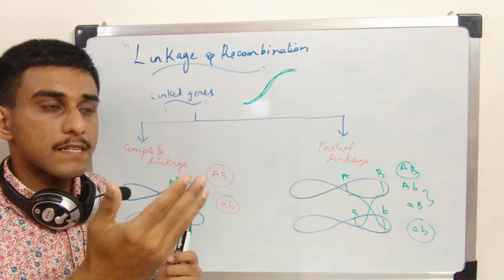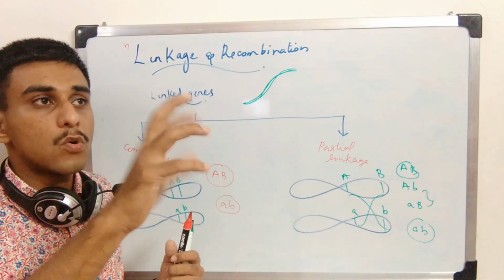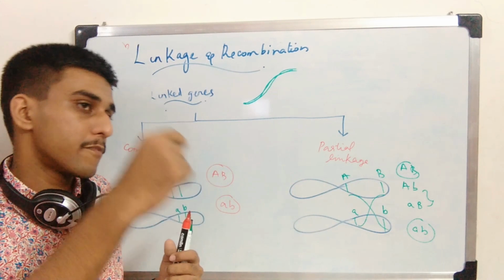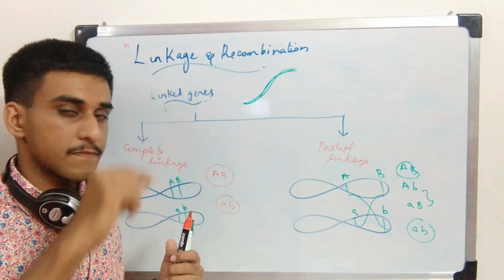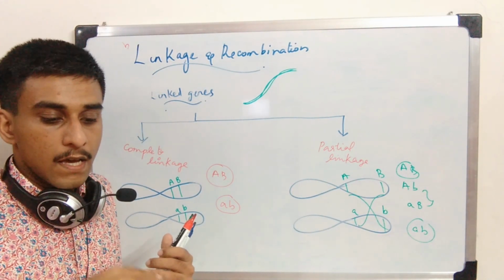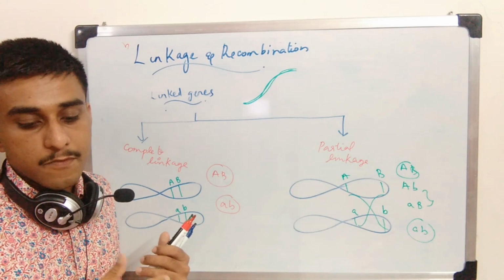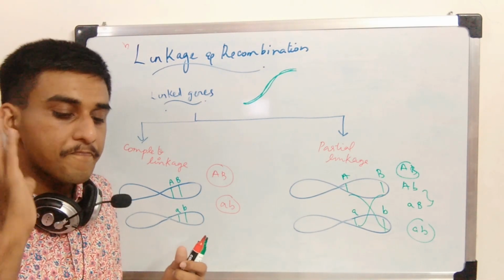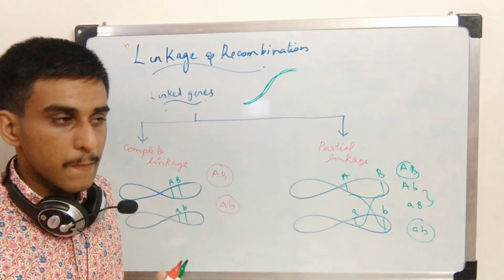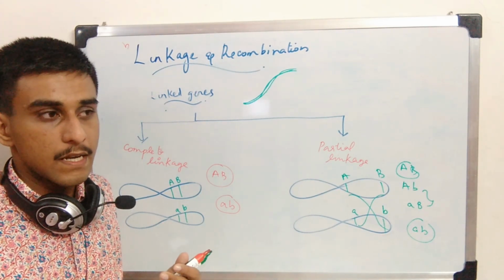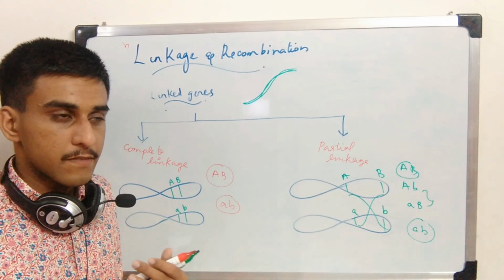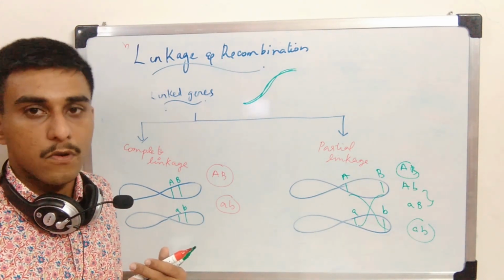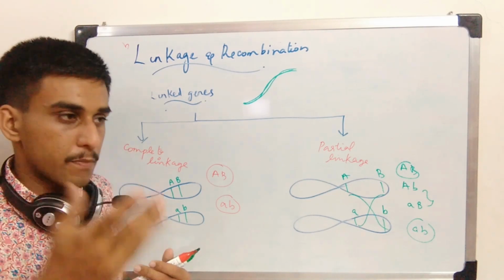So recombination can be used as a tool to identify or map the order and the distance between two genes. Okay, and the degree of linkage is measured as a frequency of recombination. Yes, there is an equation for finding the recombination frequency. Recombination frequency is the number of recombinants divided by the total number of progeny, multiplied by 100. This is the recombination frequency.